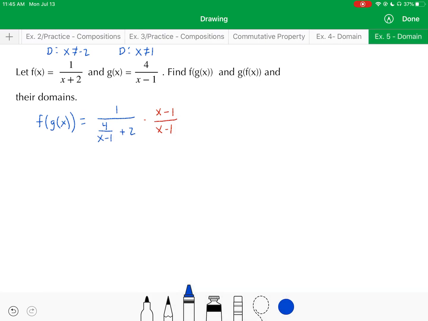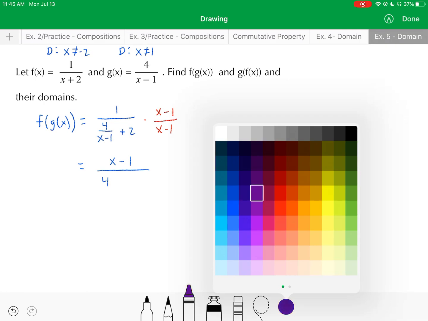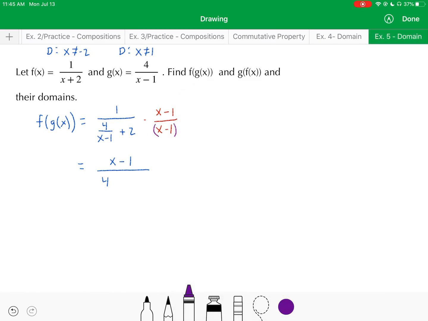Understand this is going to simplify to x minus 1 over 4. Think of this x minus 1 as being in parentheses as one whole piece. It's got to multiply the 2 as well as 4 over x minus 1. So when I multiply it by 4 over x minus 1, that just leaves me with 4.